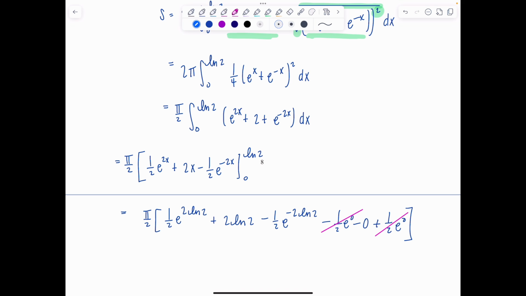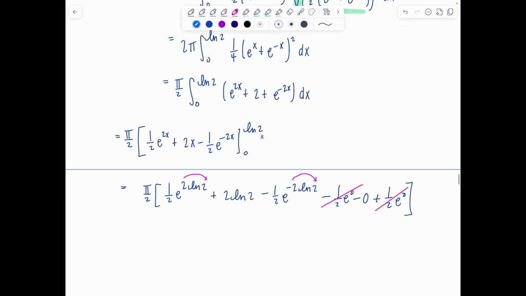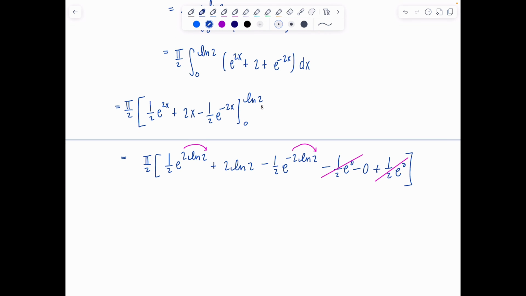So those are all zeros. And then in order to clean this up, you need to use your logarithm properties. Move the constants to the front. So this is pi over 2, 1/2 e to the ln of 2 squared, which is 4, plus 2 ln of 2 minus 1/2 e to the ln of 2 to the negative second. And then everything else was 0.